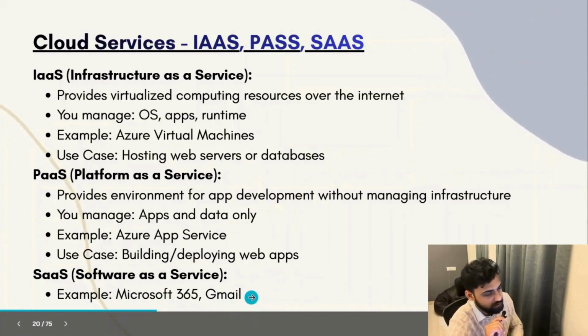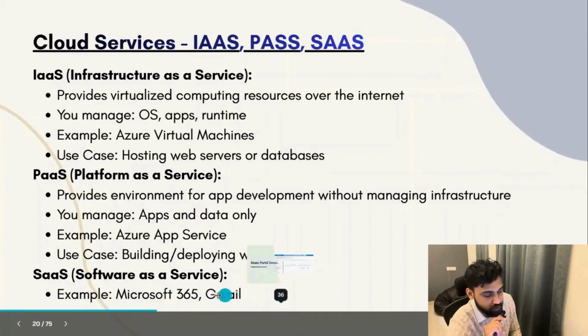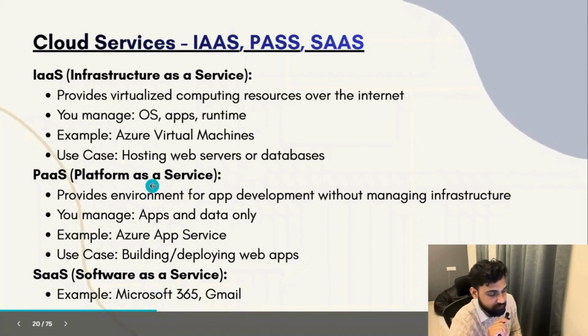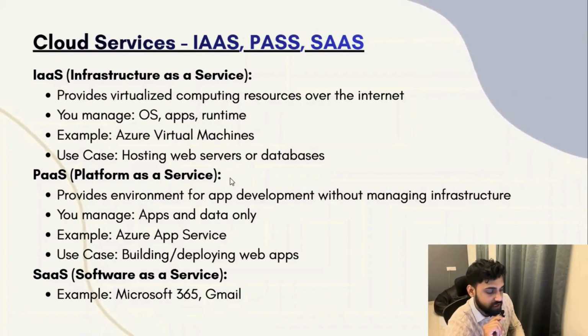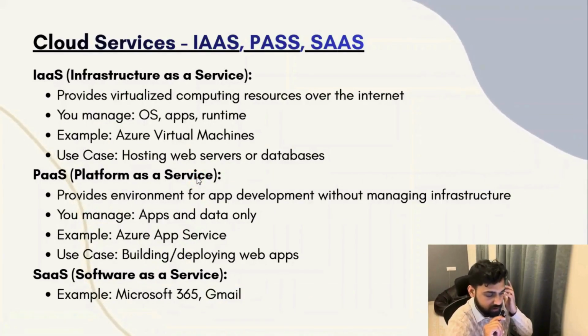Basically, you can also differentiate these based on their complexity. Software as a service is the least complex, you just have to use the software directly. When we come to platform as a service, the complexity increases compared to software as a service, and there you just have to deploy the code without managing the infrastructure.